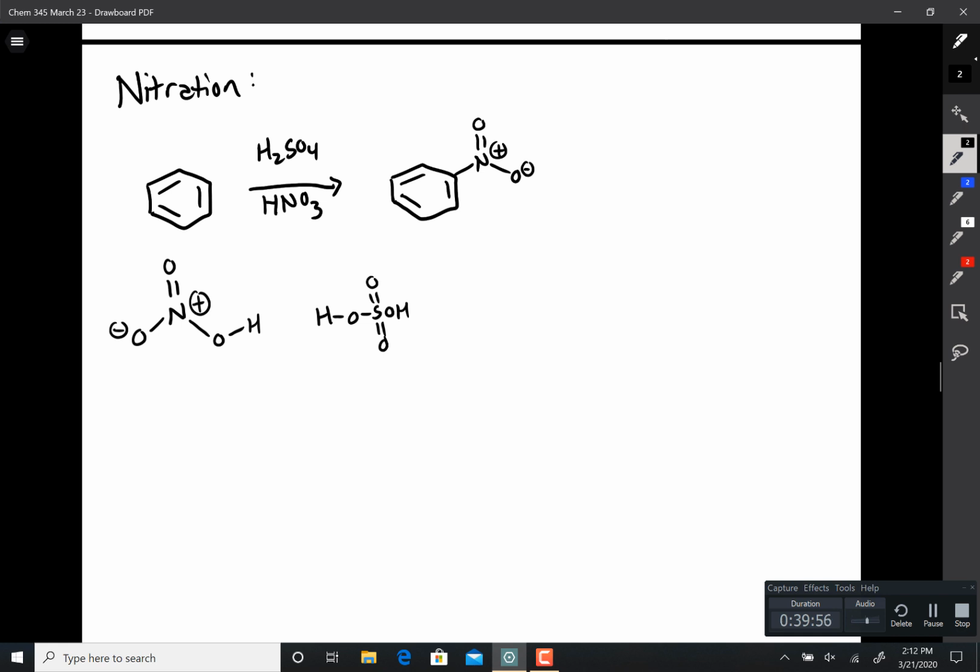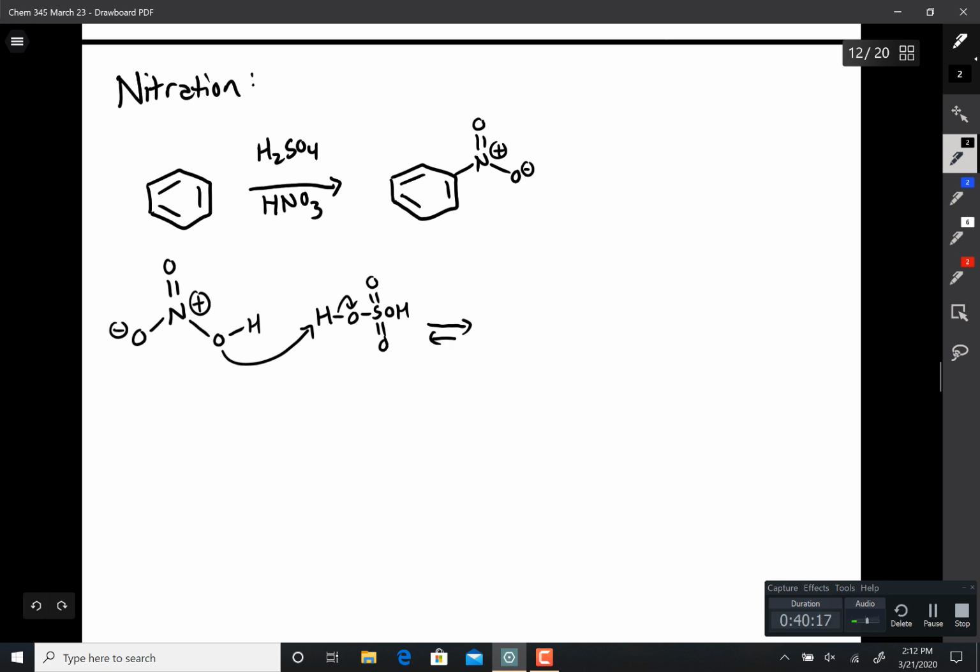And you protonate the least likely oxygen to be protonated. Why? I don't know. But it turns out, by calculation, this is the oxygen that gets protonated. Not the double bond O, not the O minus, but the OH oxygen.